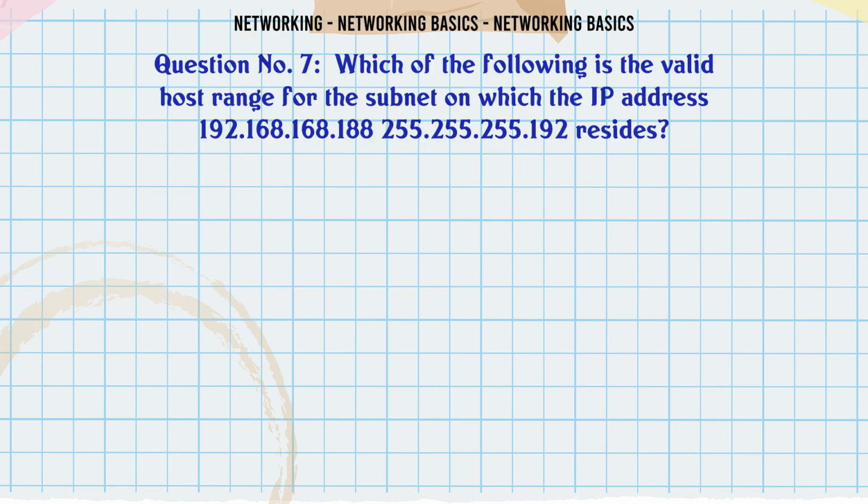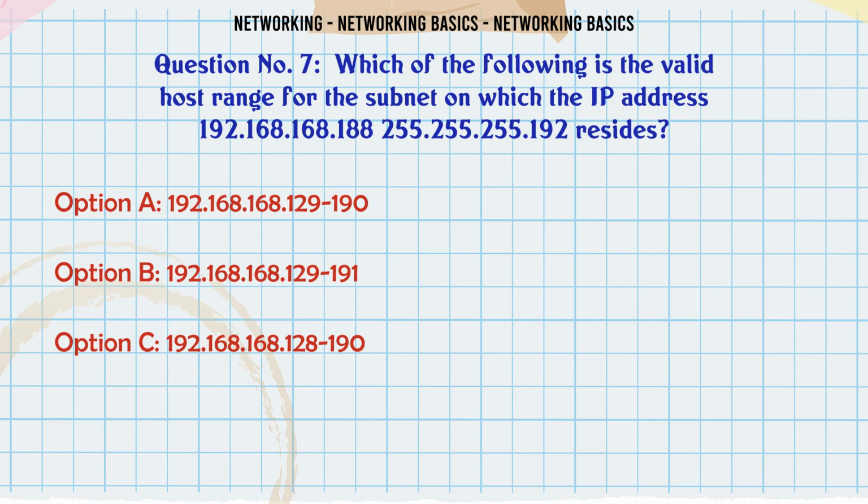Which of the following is the valid host range for the subnet on which the IP address 192.168.168.188, mask 255.255.255.192, resides?